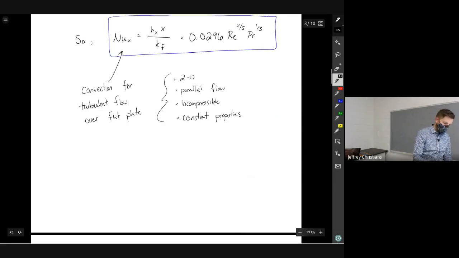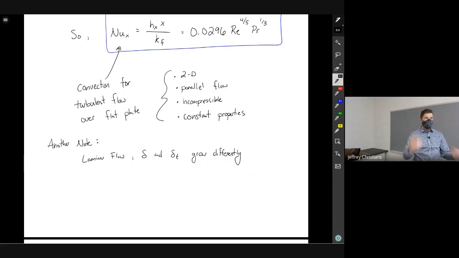Just one other note. In laminar flow, delta, the velocity boundary layer thickness, and delta_T, the thermal boundary layer thickness, grow differently.